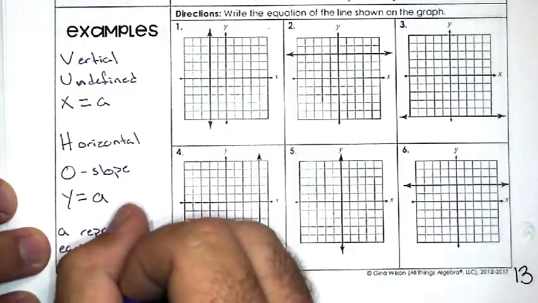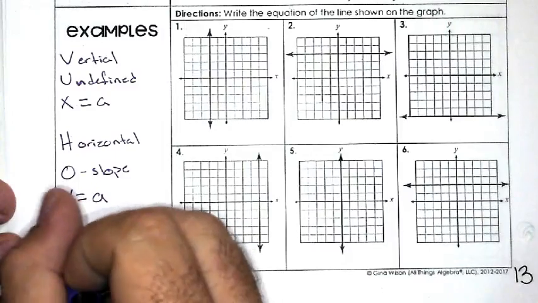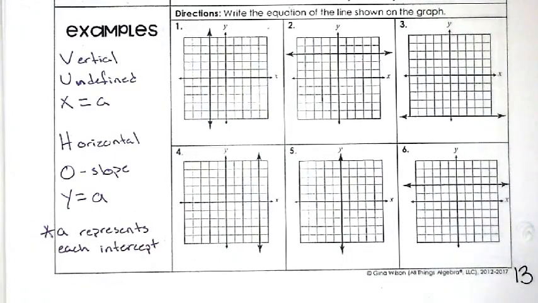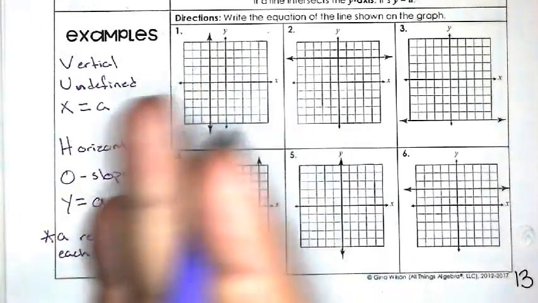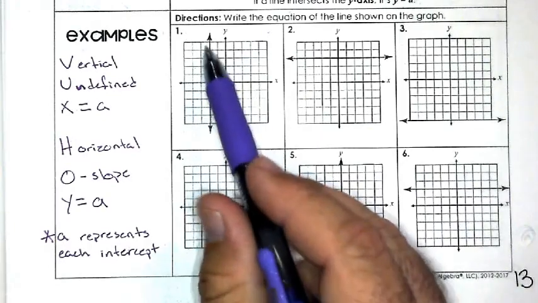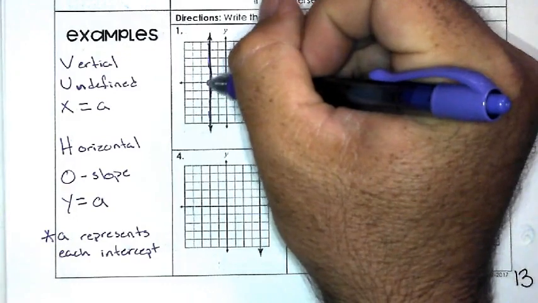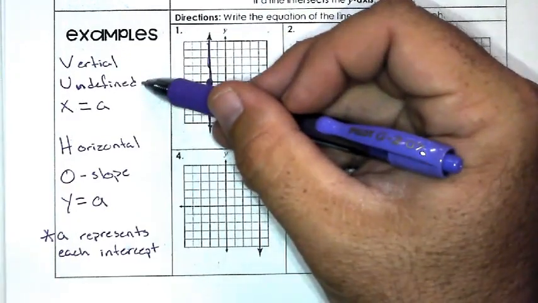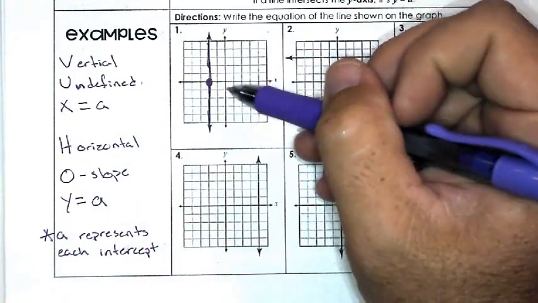Okay? So, VUX and OI helps us identify two things: the slope, and it helps us identify the intercept. So here, what type of line do I have right here? Vertical. A vertical line. A vertical line has what type of slope? Undefined. And the x-intercept is a, which is x equals -2. And that's your answer.